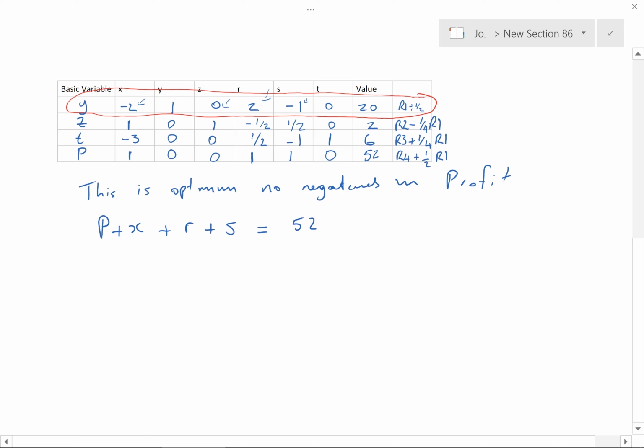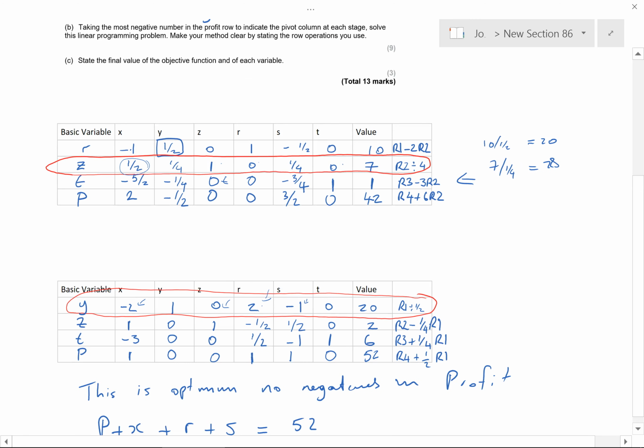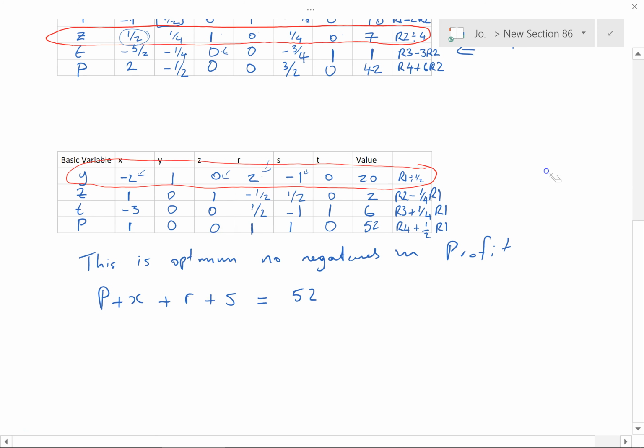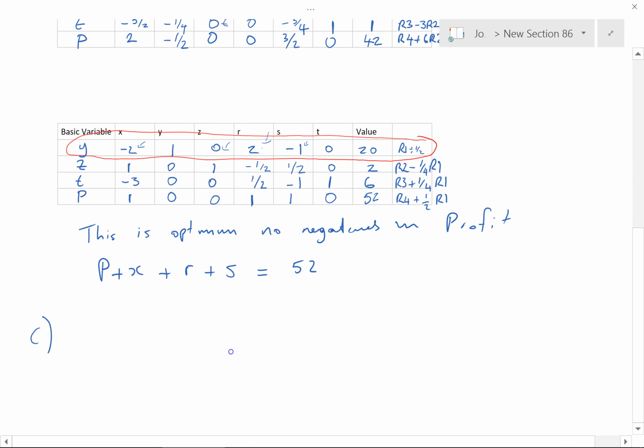So it is optimum. So that's our equation, and it says state the final value of the objective function and each variable. This is for the final part, part C. Done all the hard work here.